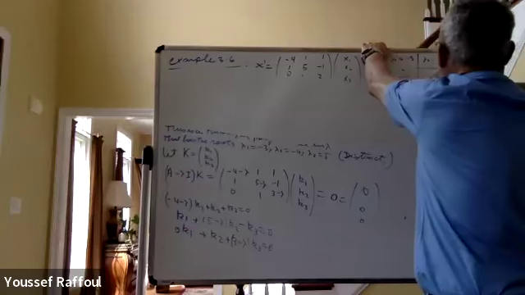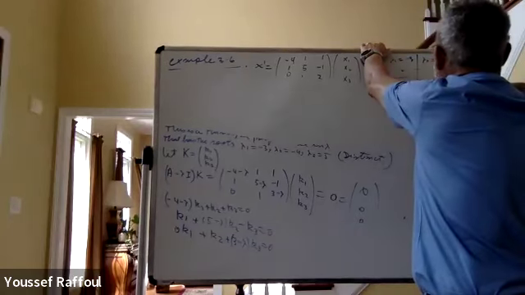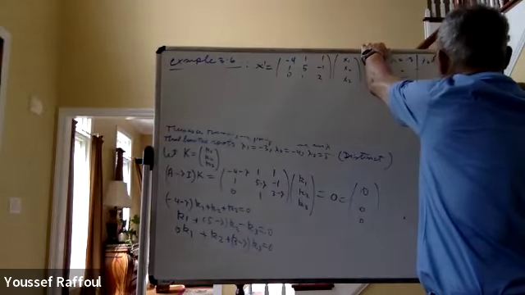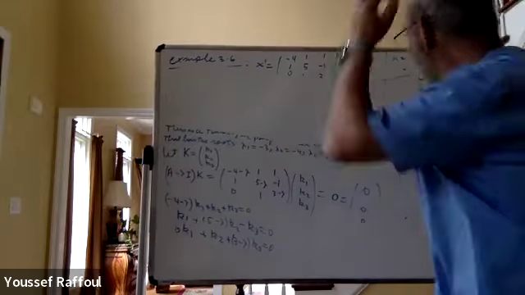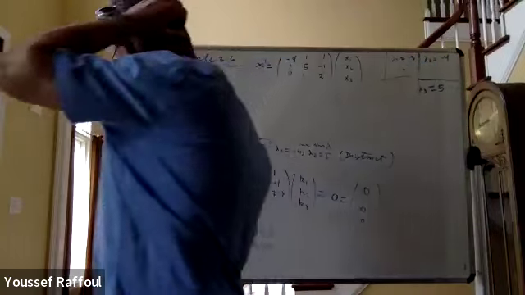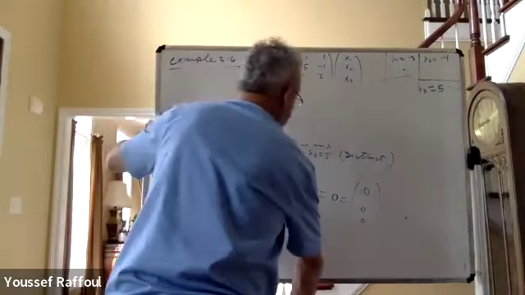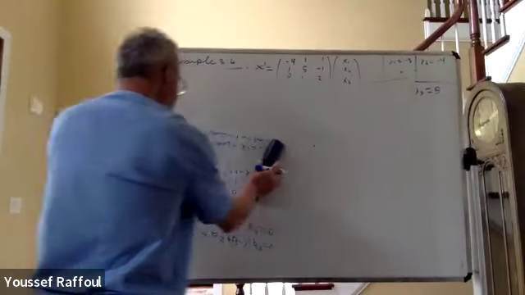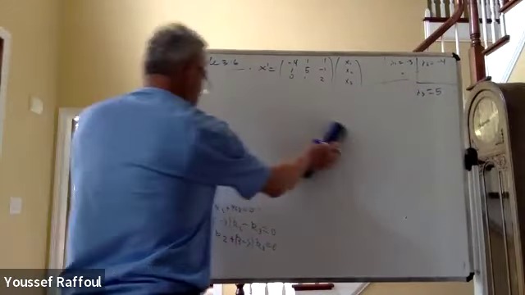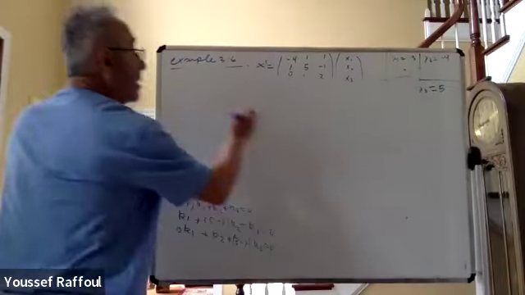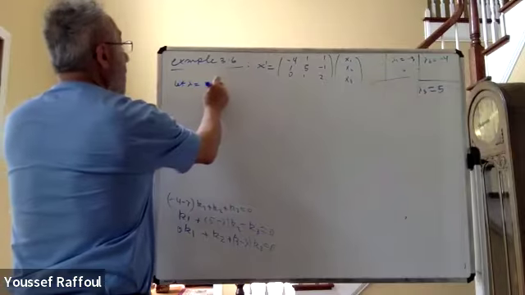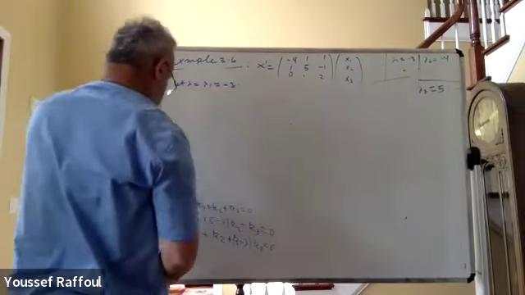And lambda 3 is 5. So let's write them there. Okay. So these are the equations that I need to solve. So now let lambda equal lambda 1 equal -3.